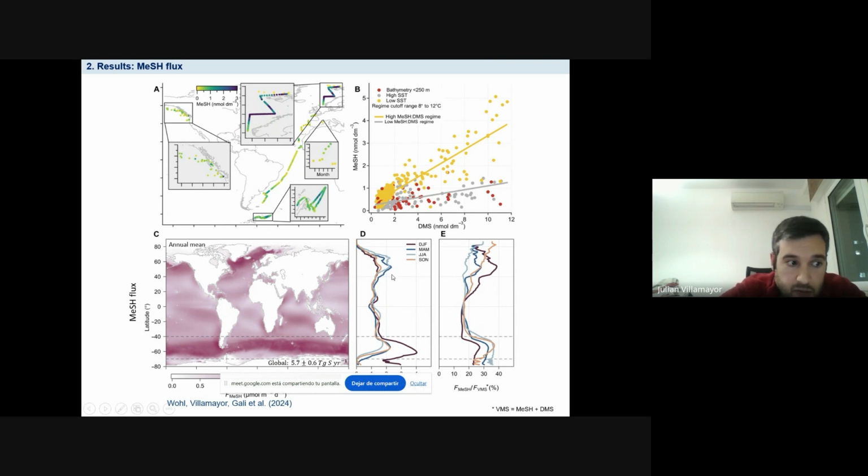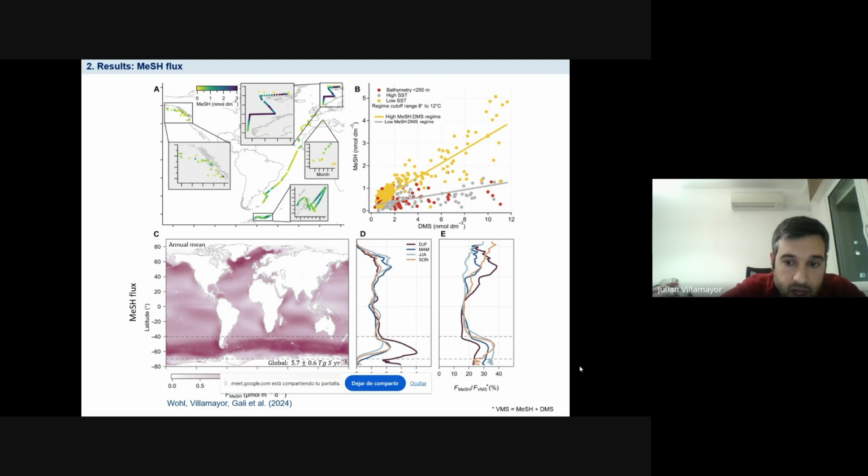The resulting methanethiol flux exhibits strong seasonal and regional variability, peaking in high latitudes during summer, similar to DMS. However, the ratio of methanethiol flux to the total volatile methylated sulfur, that is the methanethiol plus DMS budget, varies significantly across regions and seasons.